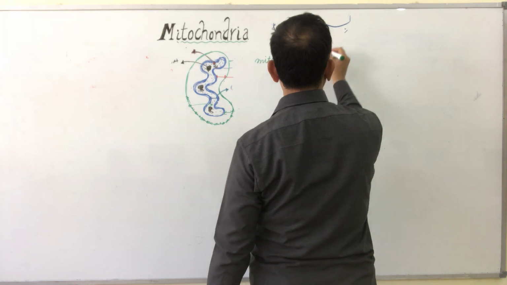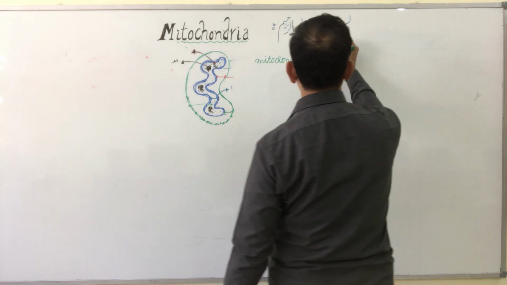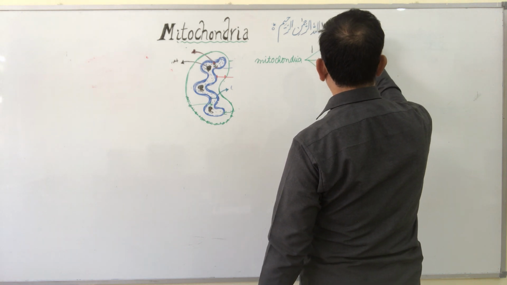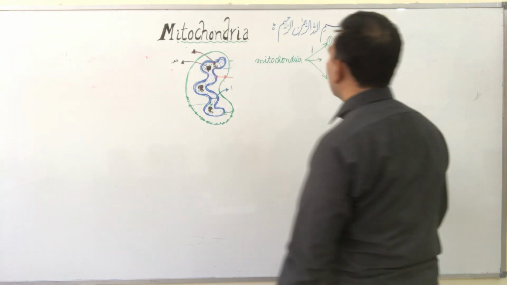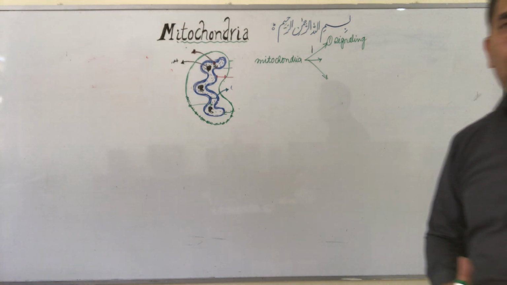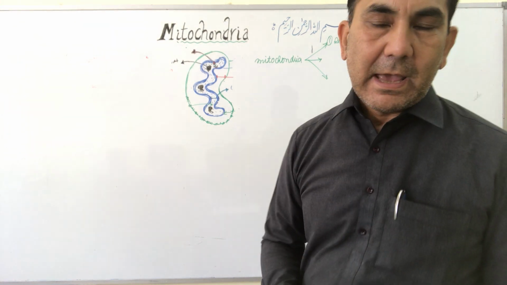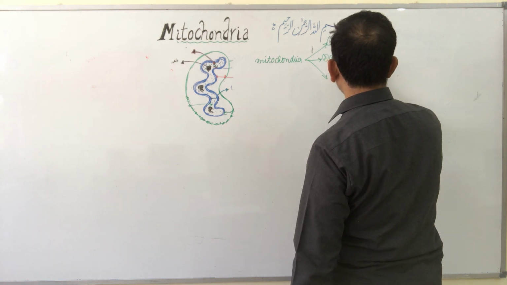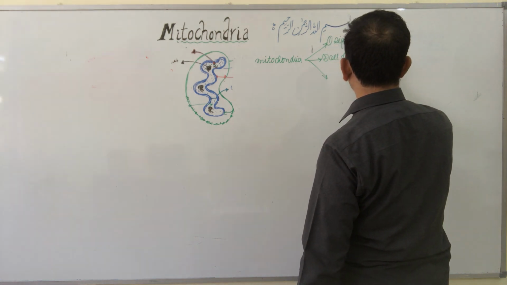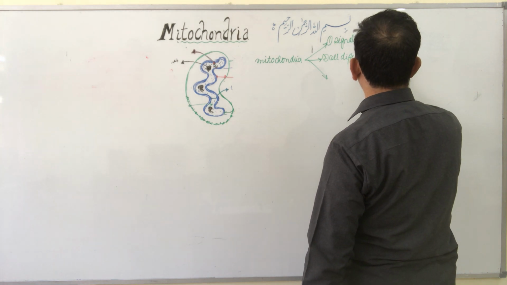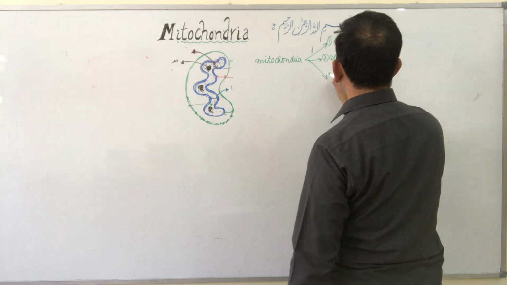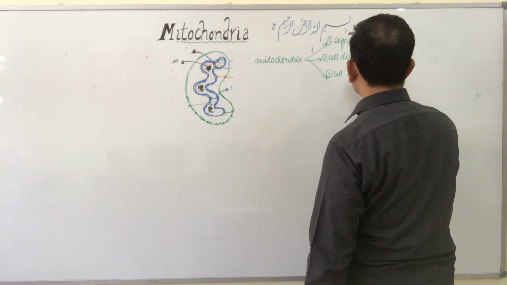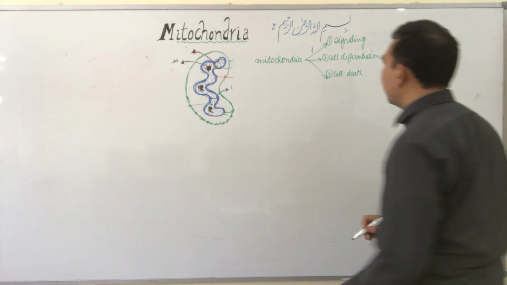The first function of the mitochondria is signaling, the second one is cell differentiation, and the third function is cell death. It also helps in cell death.